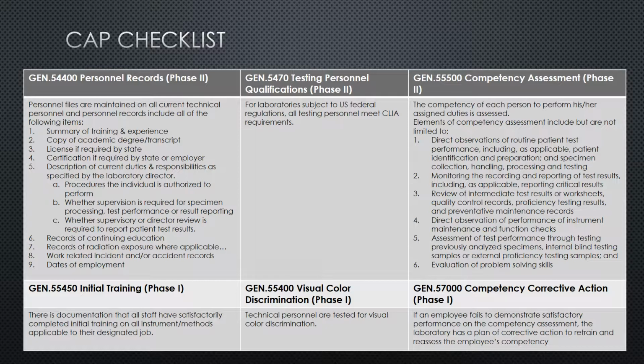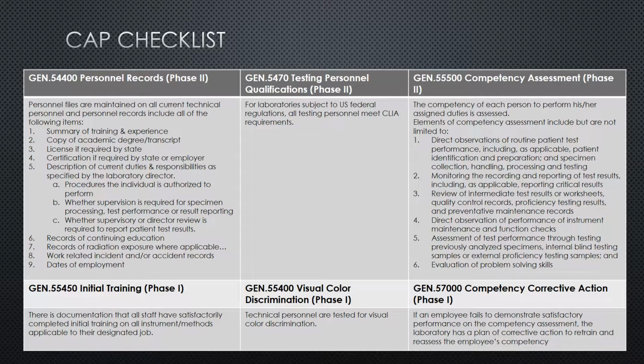I want to see all of these 9 things: summary of the training and experience, academic degree or transcript, license if it's required by that state, which in New York it is, certification if it's required by the state or their employer, description of current duties, so that's your job description, records of continuing education, as well as any radiation exposure if available, work-related incidents and/or accident records, and dates of employment. I want all of those 9 things. I want you to produce them right now. And they can ask that on any technical employee that they come in. And the laboratory has to keep those somehow on file.